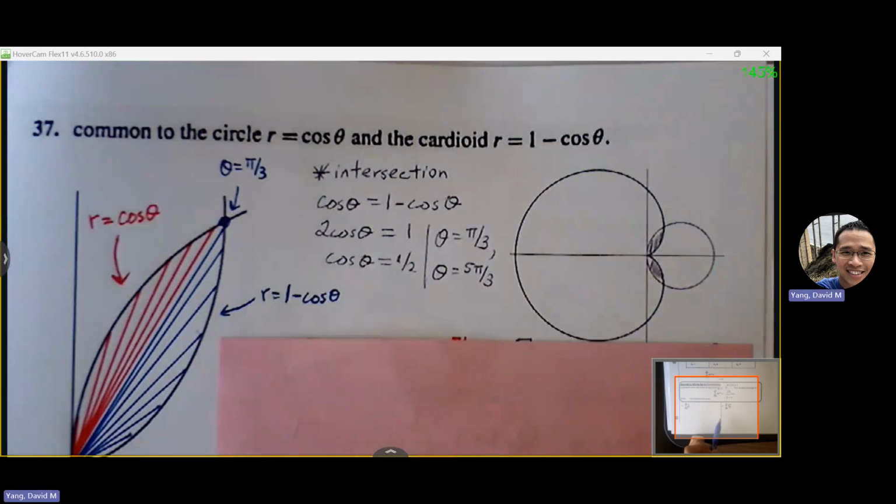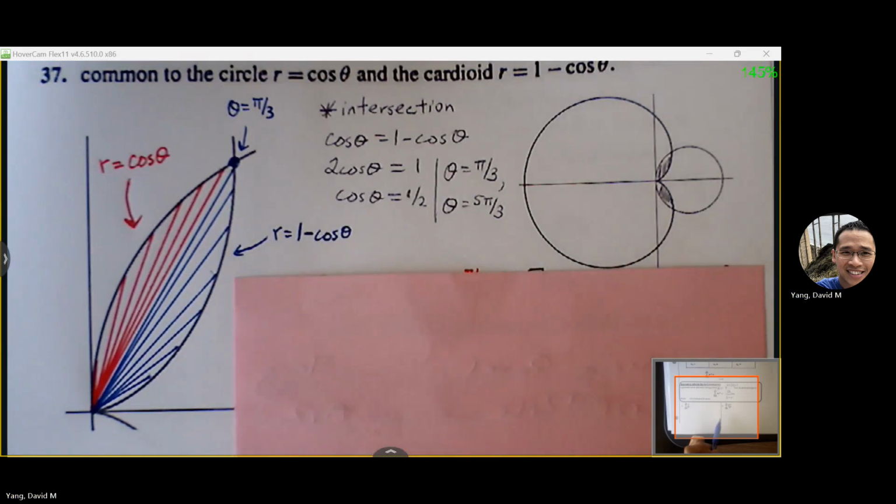So here's my strategy. If I can find the area that sweeps from the region that is involving 1 minus cosine theta, I can create an area formula for that region. And I can create an area formula for the region from pi over 3 to the polar 0 on the r equals cosine theta.